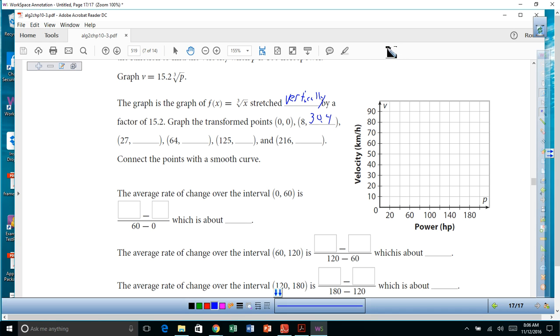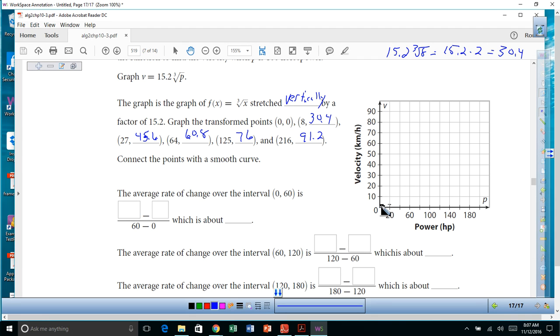So I put it in my calculator. 15.2 times the cube root of 8 is 15.2 times 2, which is 30.4. Okay. And then 27 would give you 45.6. 64 would give you 60.8. 125 would give you 76, and 216 would give you 91.2. Connect the points with a smooth curve.